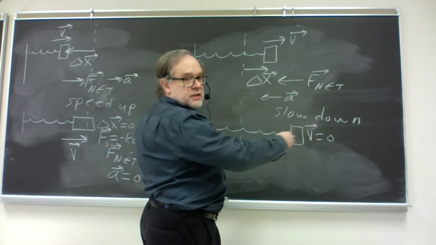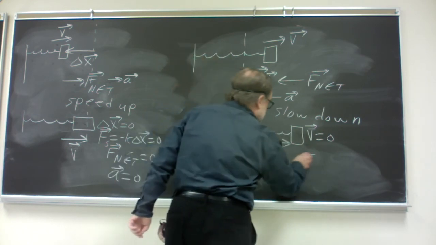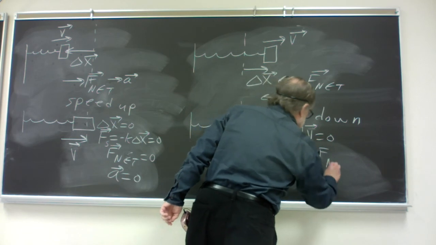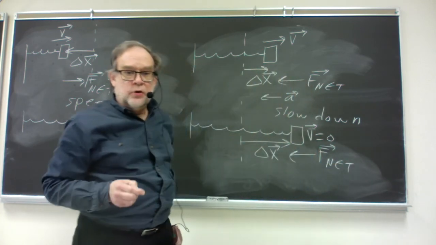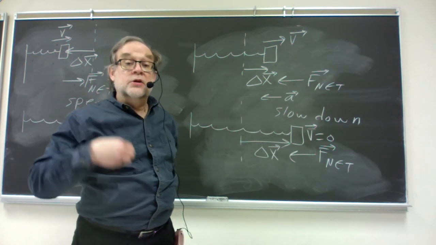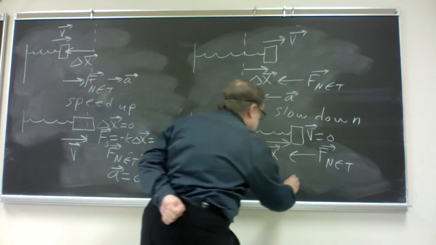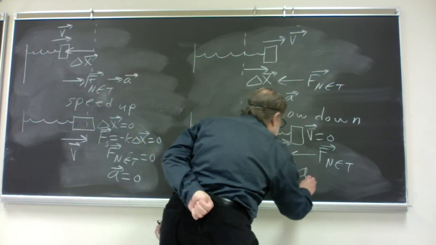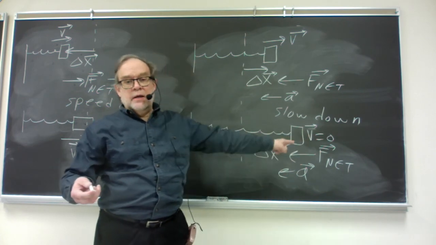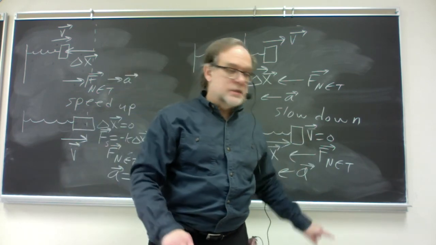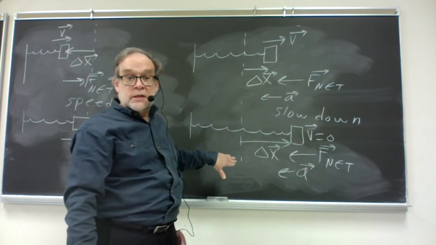The spring tries to snap back to its shorter length, so it pulls to the left on the mass. Even though at that instant there is zero velocity, there's still net force, so there is still acceleration to the left, which means the velocity doesn't stay zero. It has that value of zero for just one instant, and then instantly begins to gain rightward velocity.